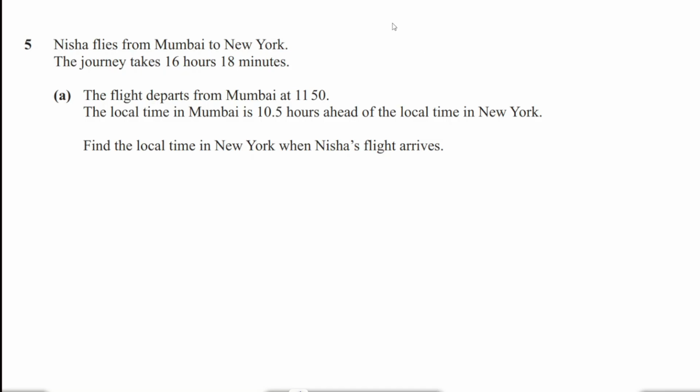So what we need to do, first of all, find the flight landing time. Okay, flight landing time, and do not consider whether the country is ahead or behind in terms of time.